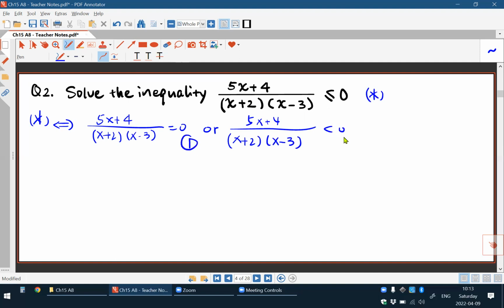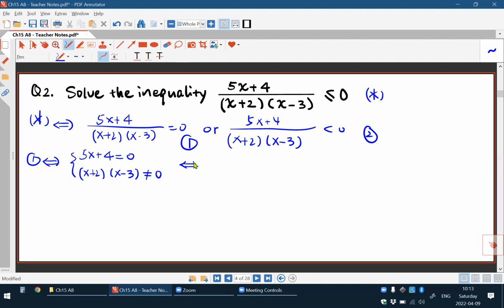Okay, let's call this 1 and let's call this 2. Then we need to solve them separately. So equation 1: if you have a ratio that is 0, that's equivalent to the numerator must be 0, and at the same time, the denominator cannot be 0. Understand?